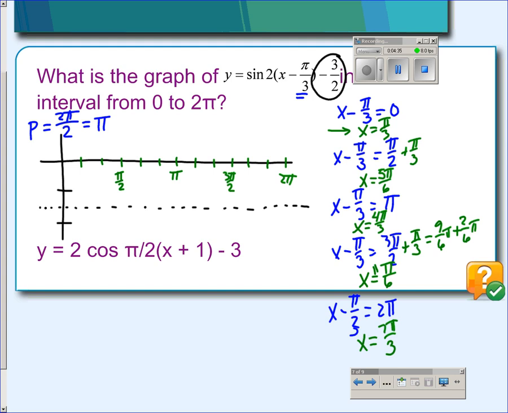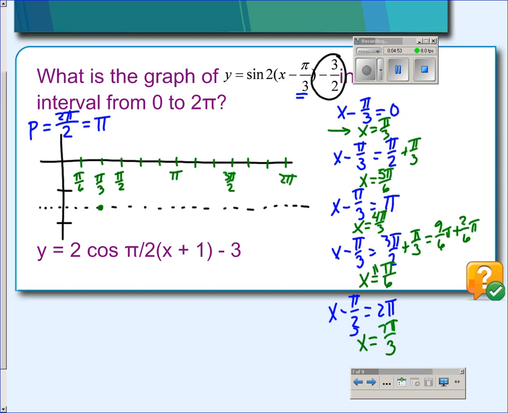So this is 1 sixth, this is 1 third. We're starting at 1 third. It's a sine curve, so we're at equilibrium at 1 third.